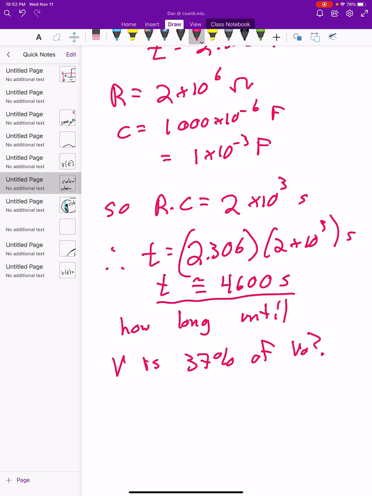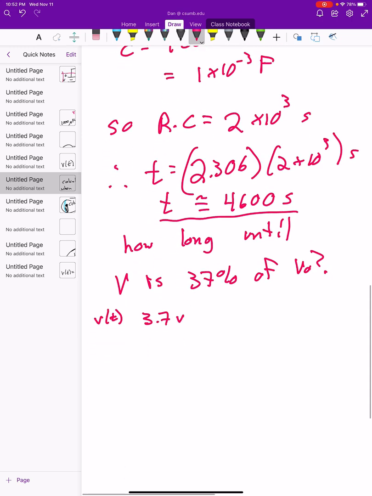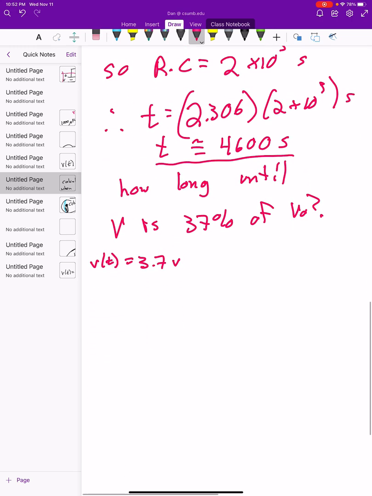And you know you could just multiply R times C, but I'll show you why that's the case. So 37% of V0 is 3.7 volts. That's what V of t would be. So in order to find that time, I would say, okay, 3.7 volts is equal to 10 volts times e to the minus t divided by R times C.